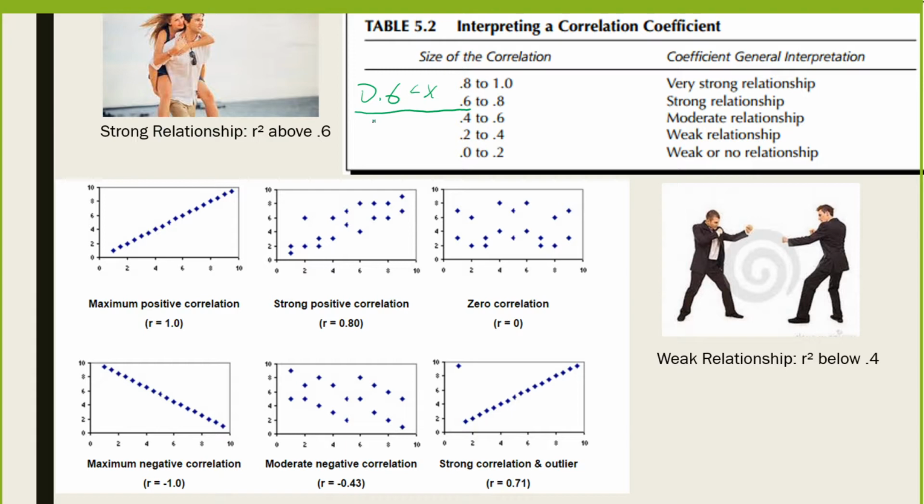If you've got a relationship between 0.4 and 0.6, we could say that the relationship is moderate. And then anything below 0.4, we could say the relationship is weak.